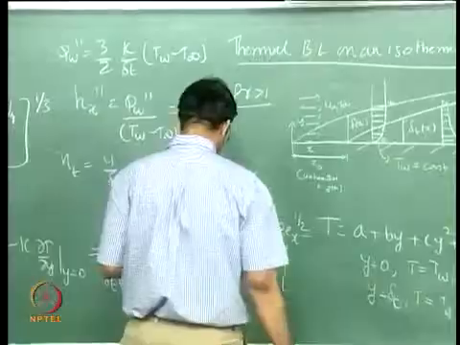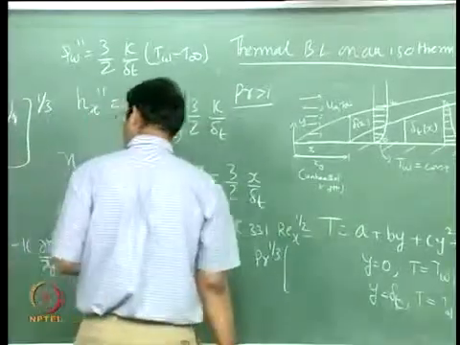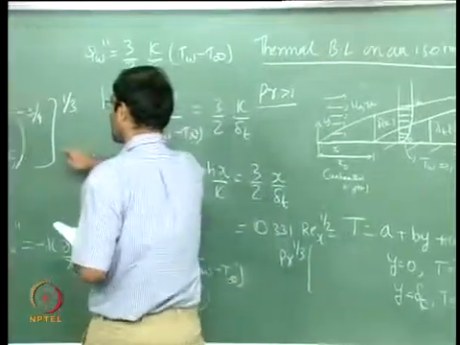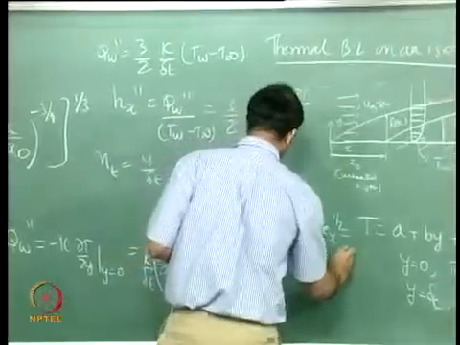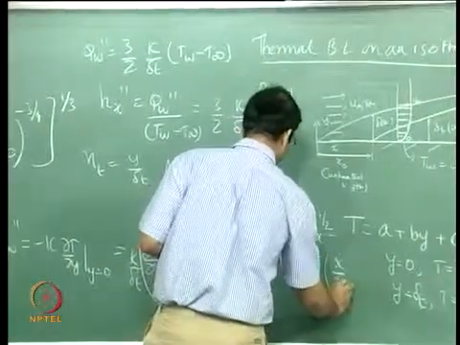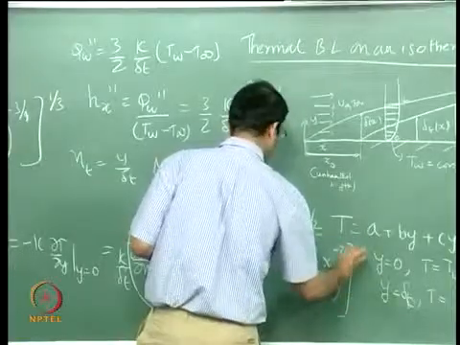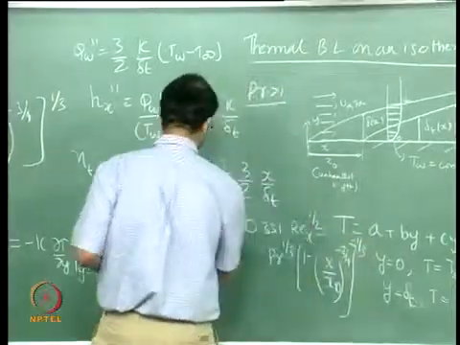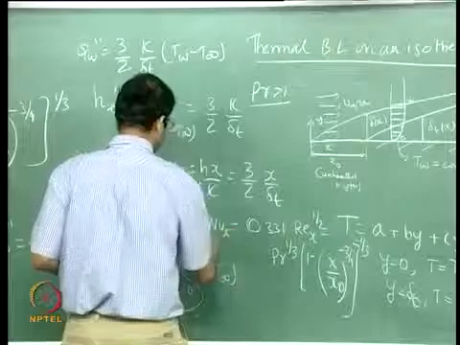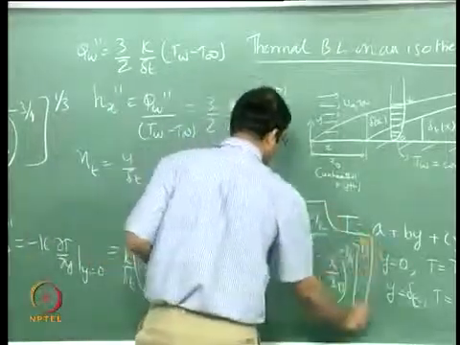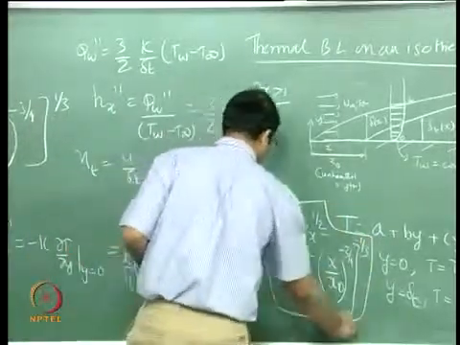In terms of the unheated starting length, this will also come with a factor of 1 minus x by x naught to the power 3 by 4, all to the power minus 1 by 3. So this will be the expression for the local variation of the Nusselt number.